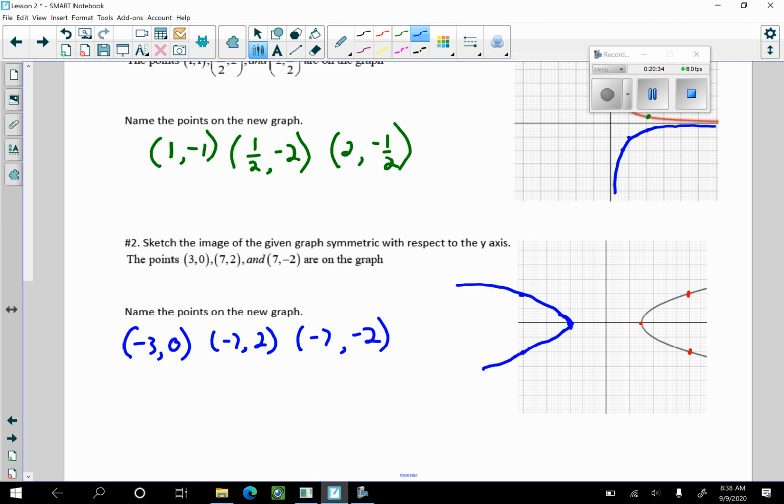It'd be a little bit more curved, but that's nice. And that's a reflection about the y-axis. And you can see the blue graph is a reflection of the dark graph about the y-axis. All right? Let's see what we have here.